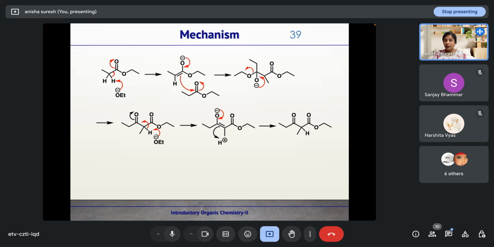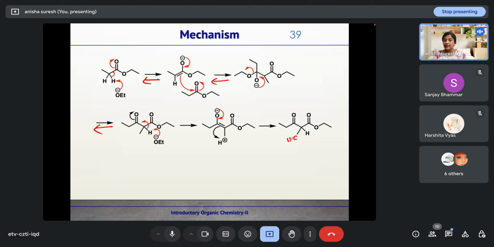And again there is a proton, so that proton could be abstracted, leading to formation of this enolate, and here all the steps will be reversible, and this step makes the reaction irreversible, so we will get this compound.